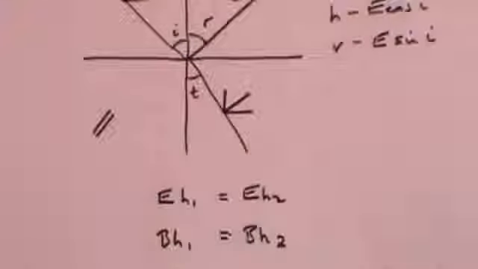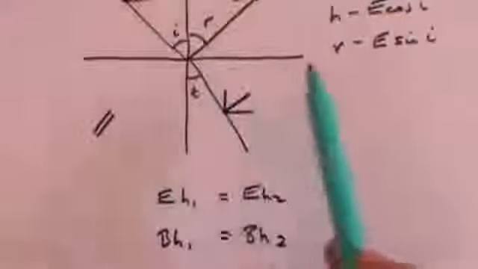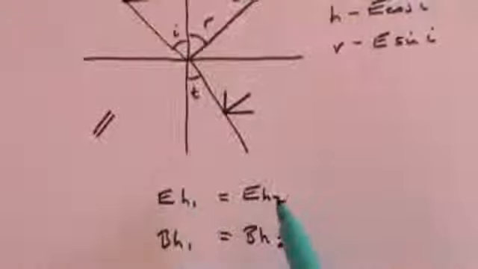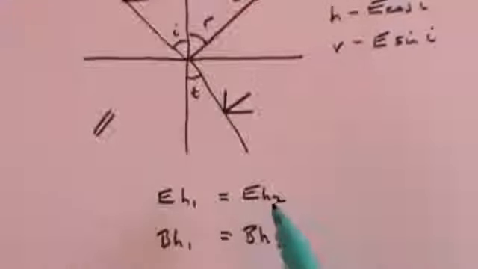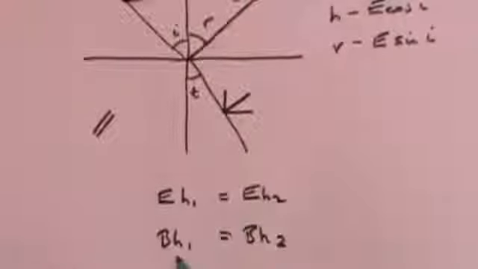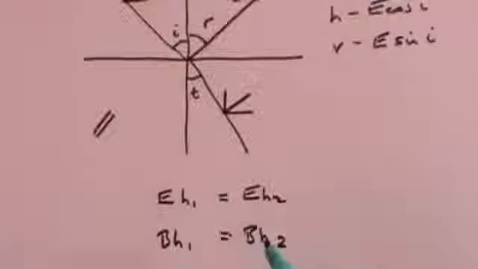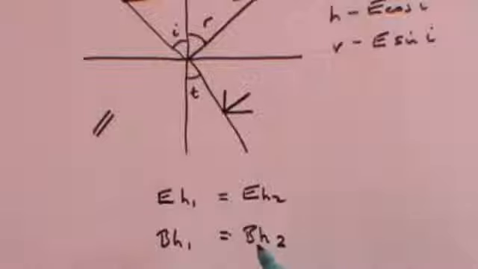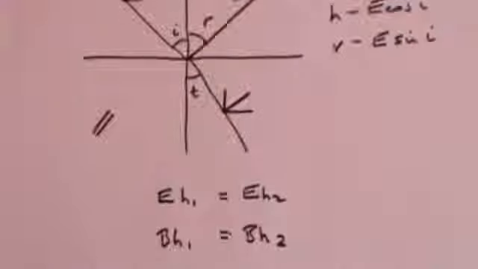That is to say, the horizontal electric field in medium 1 will equal the horizontal E field in medium 2, and the horizontal magnetic field in medium 1 will equal the horizontal magnetic field in medium 2. Those are the two key boundary conditions which we've derived and which we need to use.